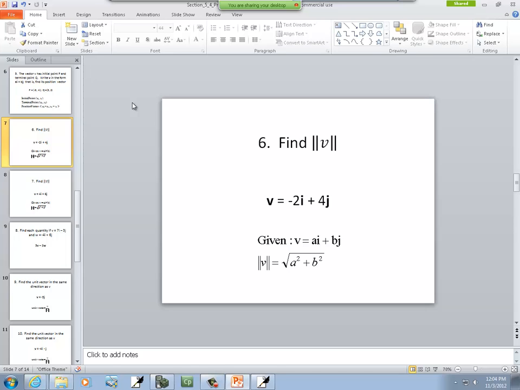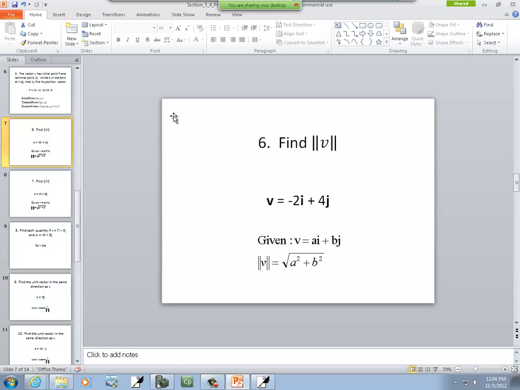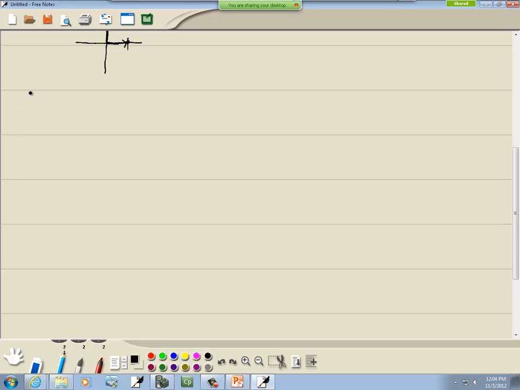Let's talk about this. It looks like the double absolute value. This is the magnitude, also known as distance, but they have a fancy word for it.